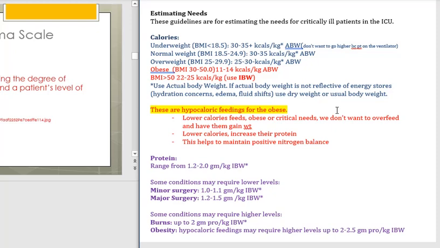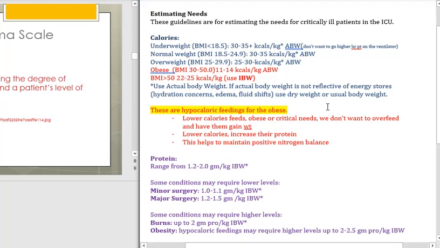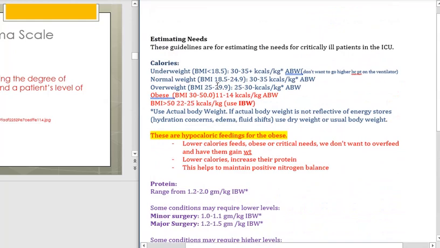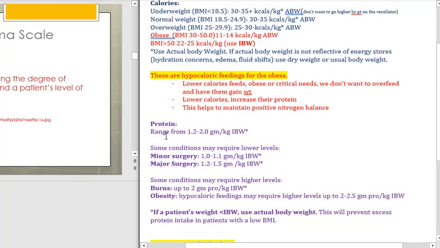Calorie needs make sense so far? Okay. Protein, and I apologize for making it so confusing, but these are based on the latest critical care guidelines. Sorry, I have a question on the previous one. So you would first do usual body weight if you have that, before resorting to ideal body weight, because I can imagine they might be pretty different.